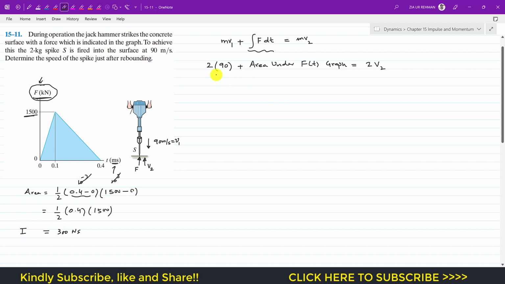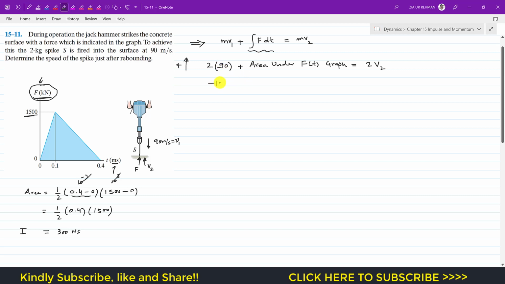So we have to write that this is 2 into 90, and we are applying the law of conservation of momentum in the vertical direction. Let's say this is my positive vertical direction. As we can see, the initial velocity is acting in the downward direction, so that is in the negative direction, so we write a minus sign here.